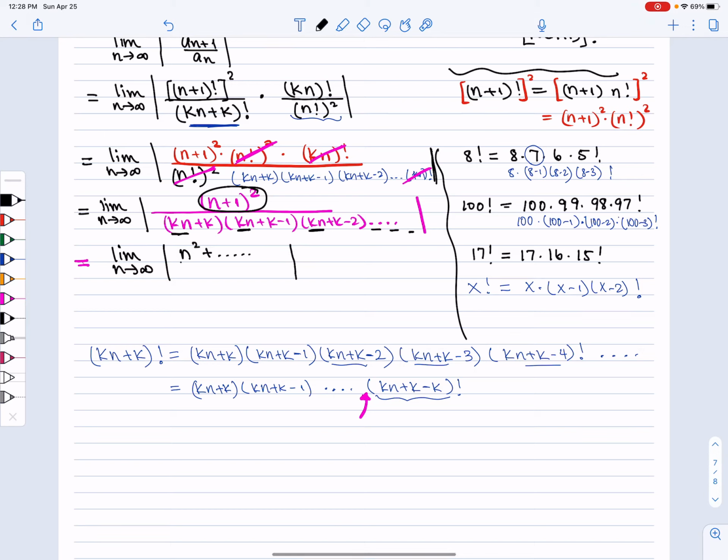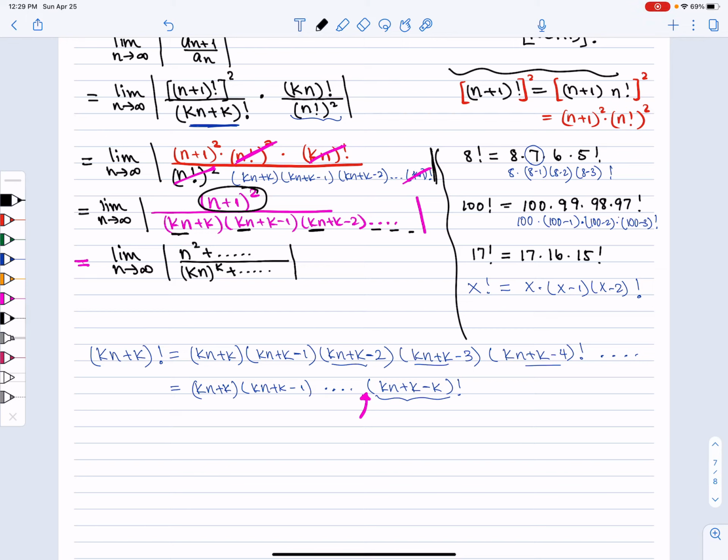But the denominator will have kn to some power. So let's say we're going to have kn to the power k, and then plus a couple of other terms.